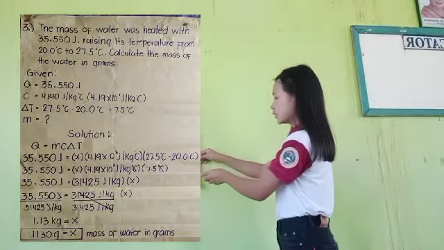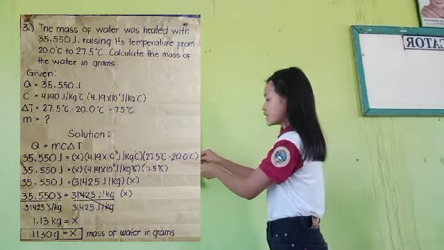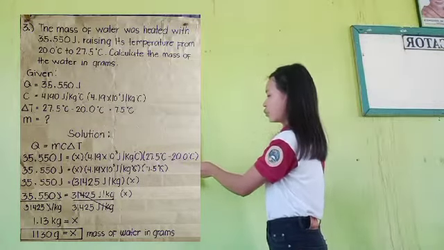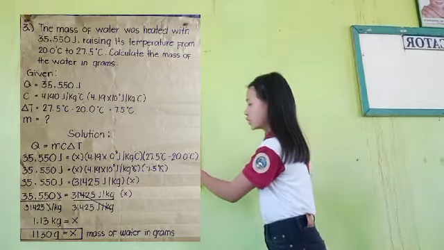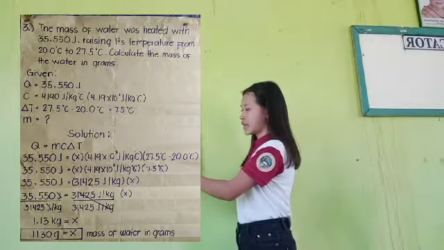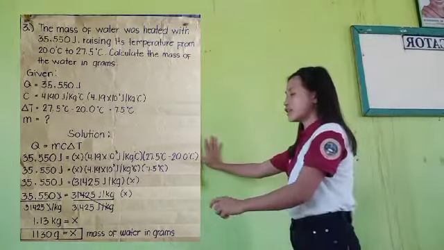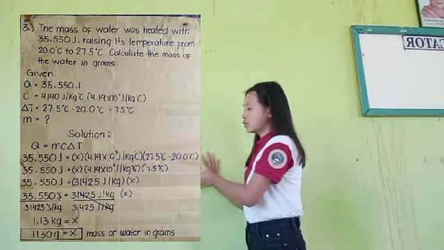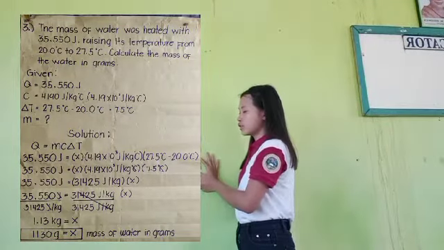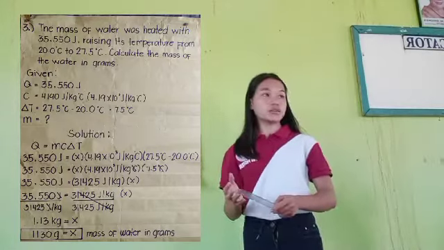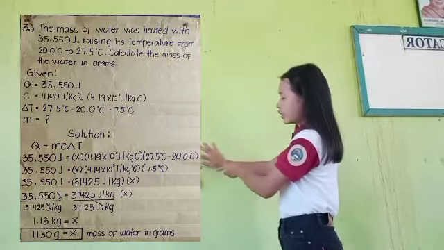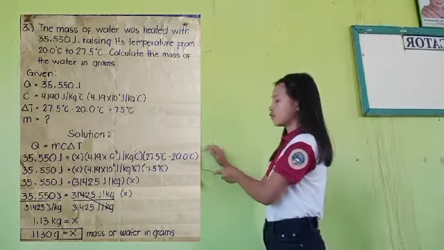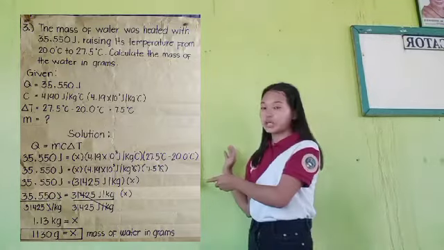35,550 joules equals 31,425 joules per kilogram times X. To cancel, let us divide both sides by 31,425 joules per kilogram.